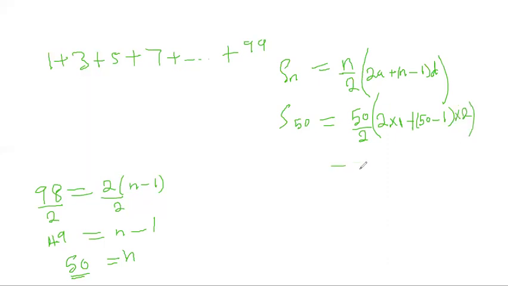So 50 divided by 2 is 25 into 2 plus 49 times 2. So this we had earlier seen that it is 98.